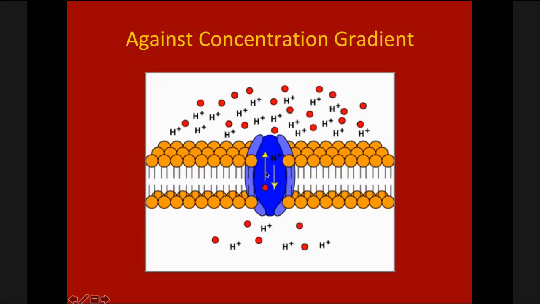We're going to be looking at the movement of H+ ions. In our bodies, we use ATP energy to pump hydrogen from areas of low concentration across a plasma membrane to areas of high concentration. This is going to be a really important way that we can store energy in our body, by building a concentration gradient.